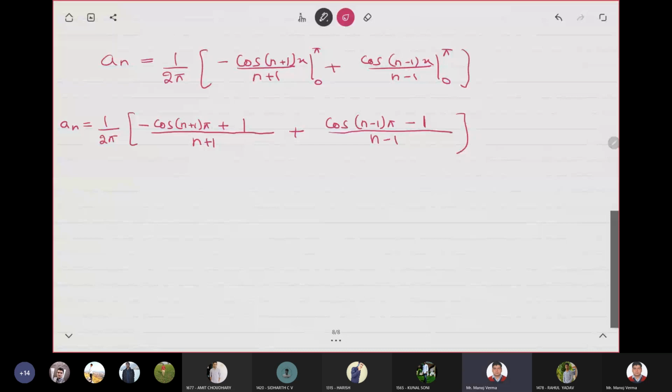Okay. So now what I have to do is, this cos (n plus 1) pi I can write as minus 1 raised to the power n plus 1.